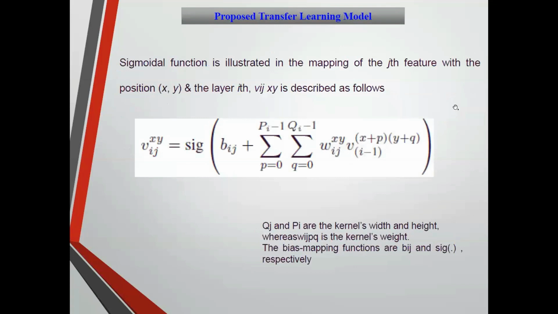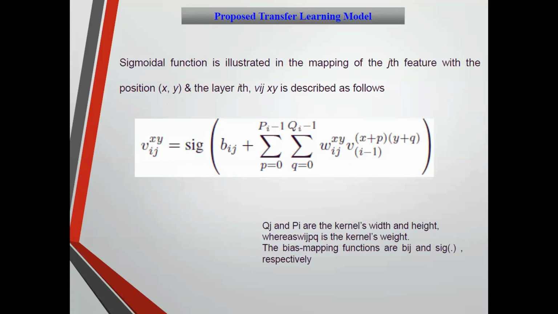Second, here the sigmoidal function we have considered, and this sigmoidal function is illustrated in the mapping of the jth feature with the position x and y. The layer is the ith layer. So V_ij^xy is described as follows.